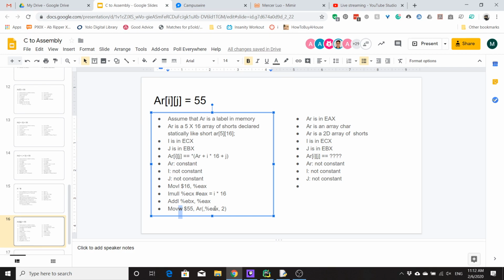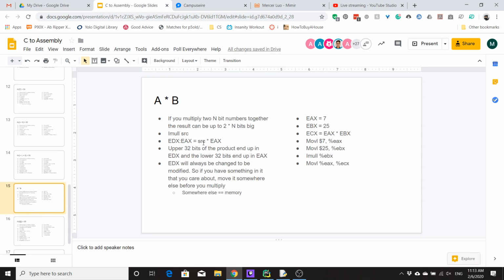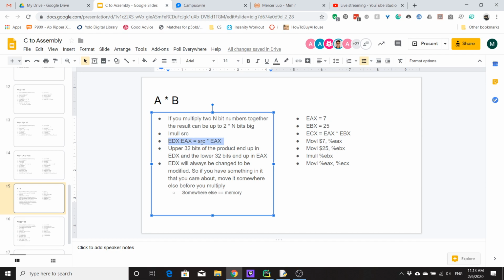Like with the previous problem, the I plus J, we have to compute the total value of the index that we want to use and then put it in there. Yeah. So with the imul, why is EAX being modified? How do you know it's EAX? It's always EAX.